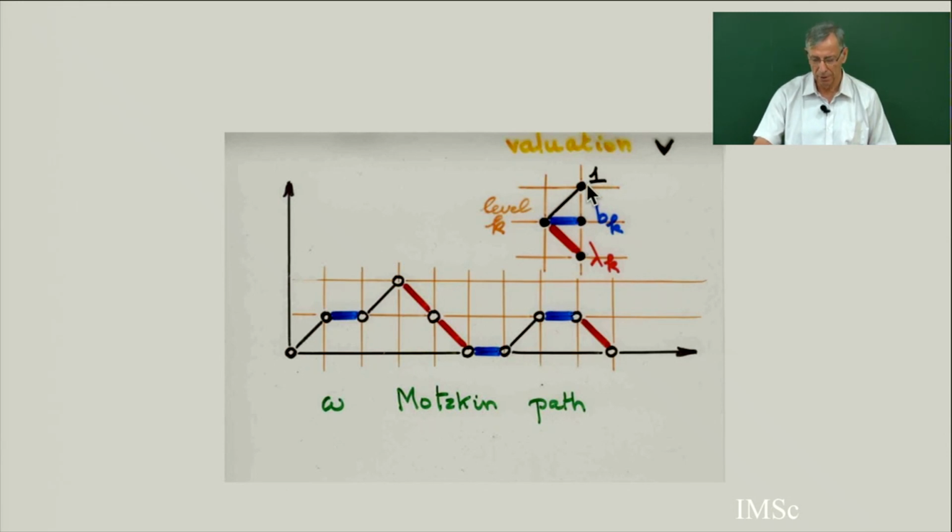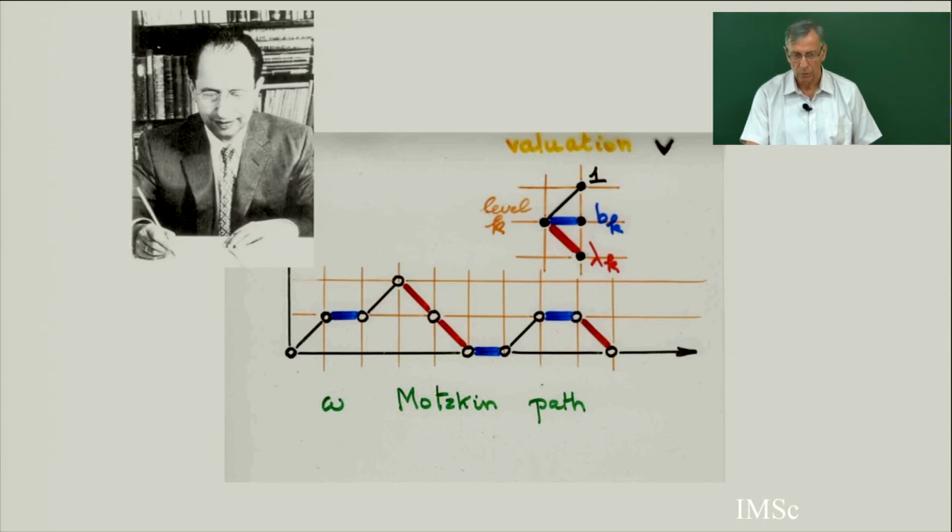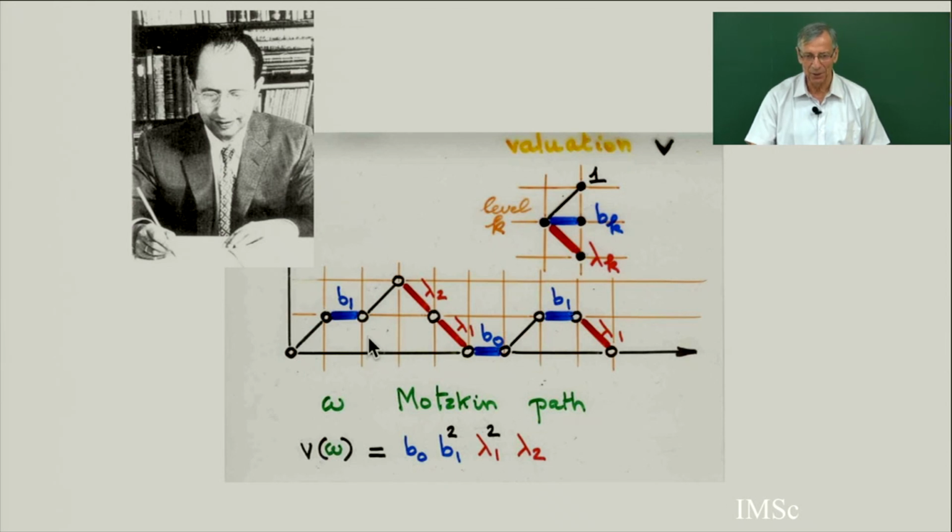So I have a Motzkin path, and I am going to put the weights. Each elementary step is going to be weighted by this formal variable. I introduced this in a certain paper, nothing to do with the subject. You put on each level step a weight, b_0, b_1; when you go down, I am at level 2, I start at level 0, so I have lambda_2, lambda_1, lambda_1.